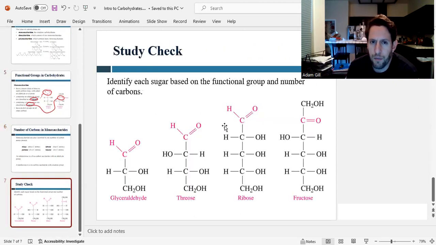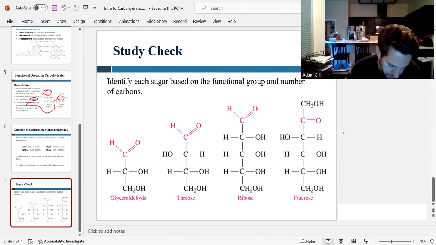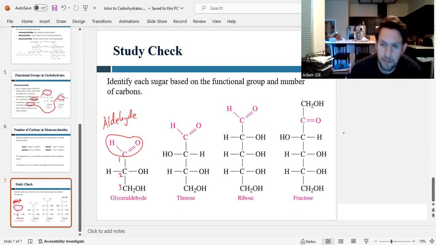So can we identify each of these sugars based on the functional group and the number of carbons? So let's look at the first one here. We see the functional group here highlighted in pink is an aldehyde. And if we look at the number of carbons, there are 3 carbons. So this would be an aldotriose.